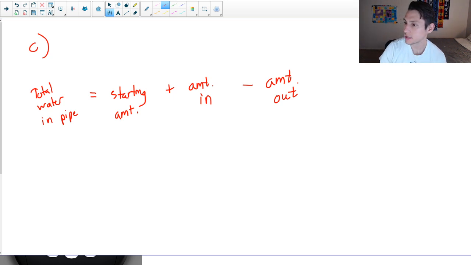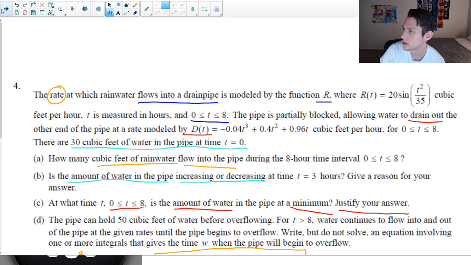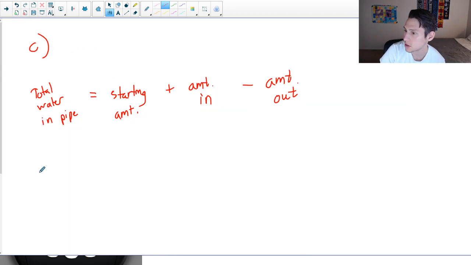Okay, so now let's actually create a function that fully represents this. We don't want to call it A of t. Oh yeah, we could. Okay, sorry. Our last problem had an A of t. So let's call this total amount of water just A. It's very creative. All right, so starting amount is 30.